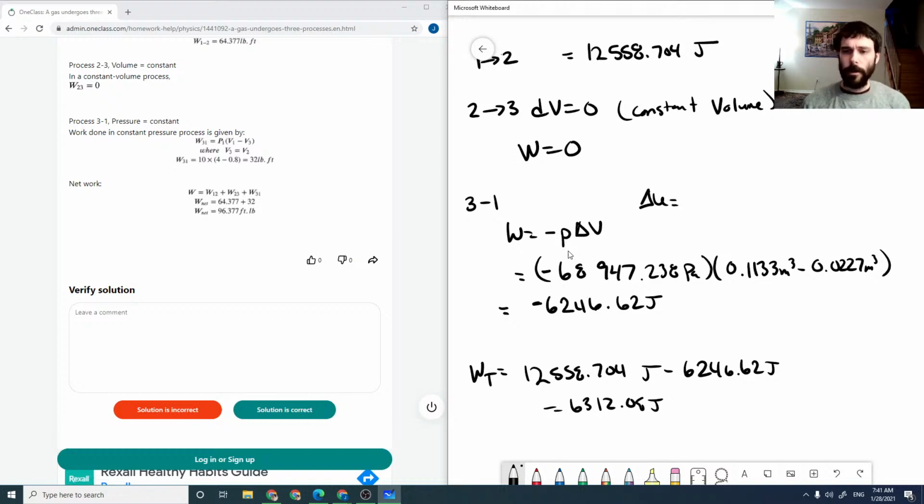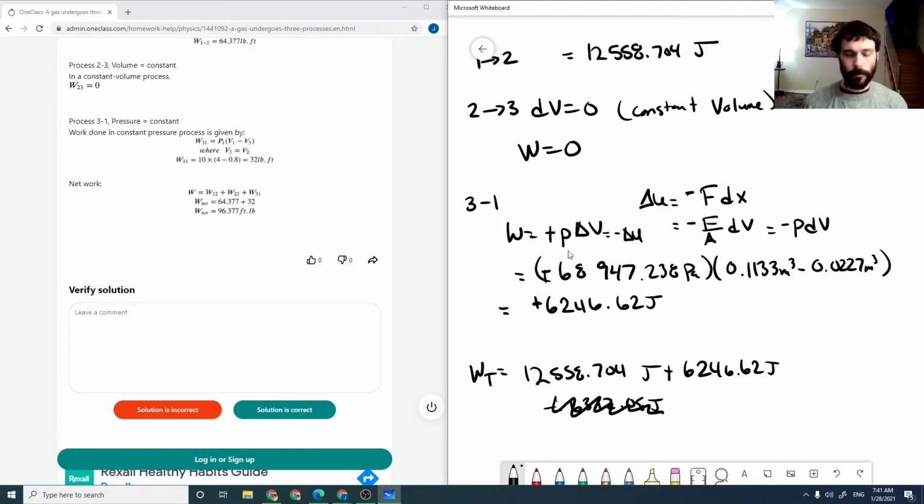Delta U should be minus F dx, which is minus our force over our area, which is our pressure, times our dV, so minus P dV. Right, okay, my apologies. So the work should be minus delta U, so it should be plus, sorry. So that would be plus.